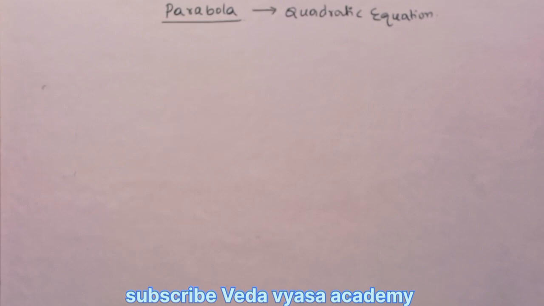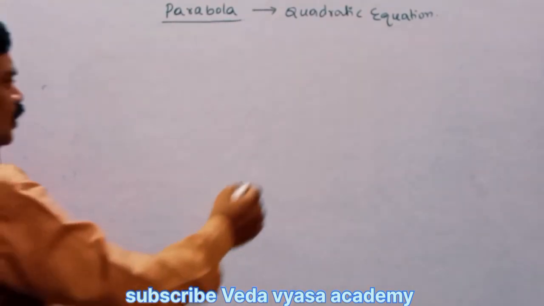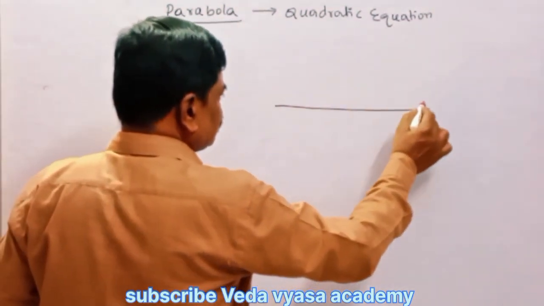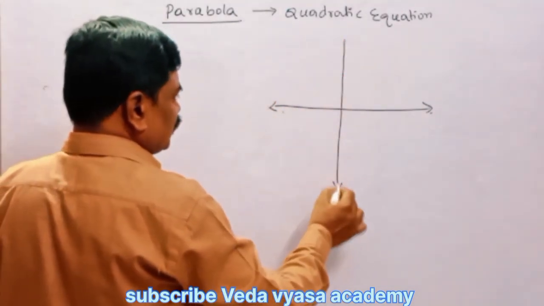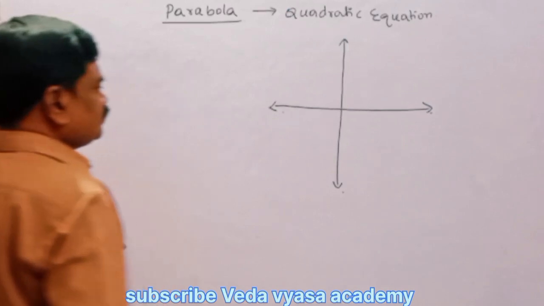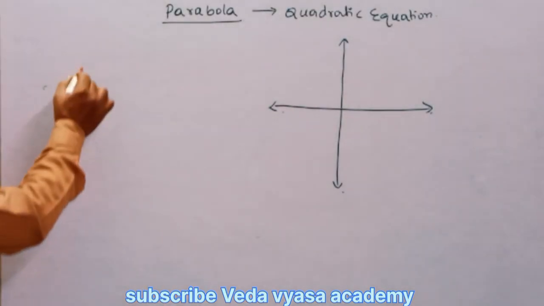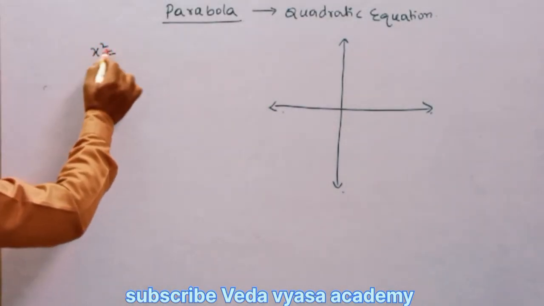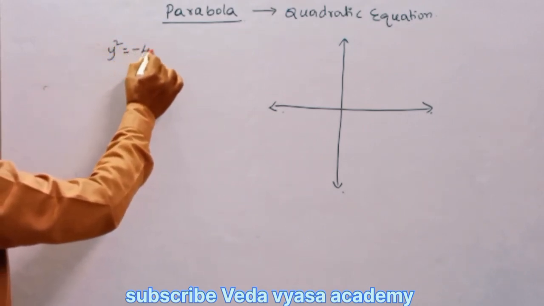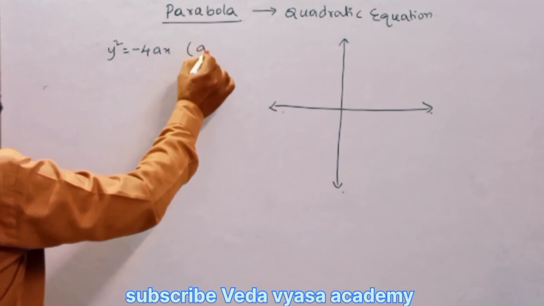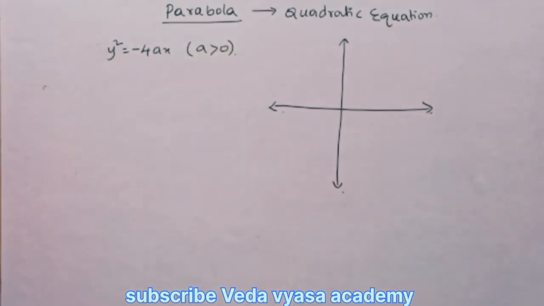One more form of the parabola. Suppose this is the x-axis, this is the y-axis, and y square is equal to minus 4ax, where a greater than 0.